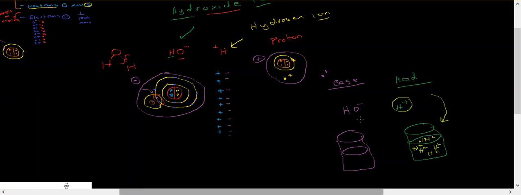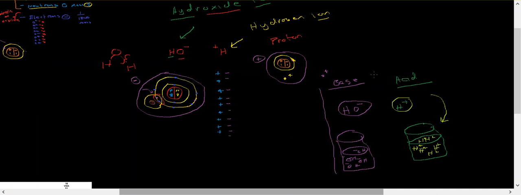If we take a base, then, for example, a base is going to have more of these OH ions within it. So imagine this is your base, you're going to have loads and loads of these OH ions present. And this will be known as a base.